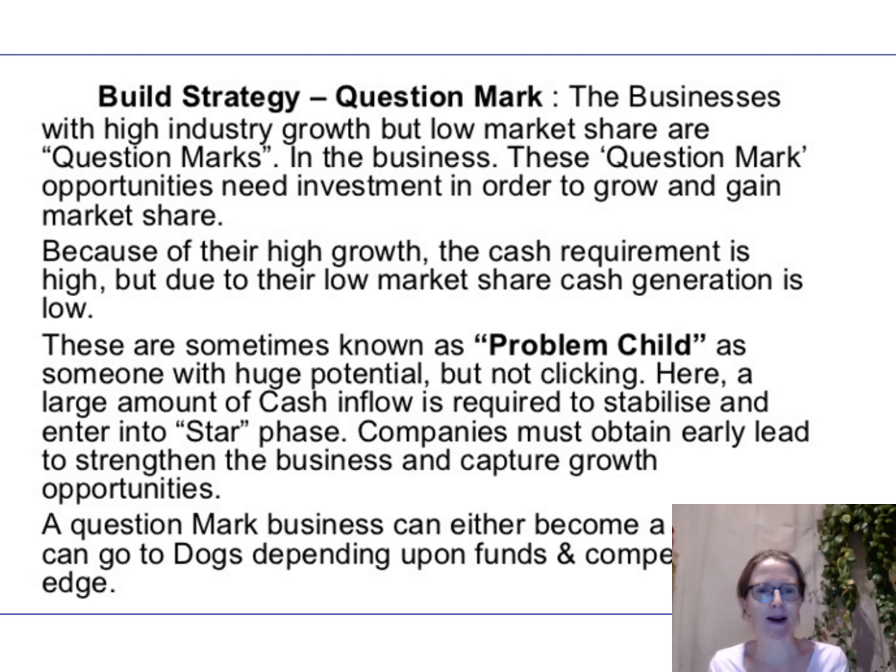So here a large amount of cash flow is required to stabilise and enter into the star phase, and companies must obtain early leads to strengthen the business and capture growth opportunities. A question mark business can either become a star or can go to dogs depending upon funds and competitive edge.